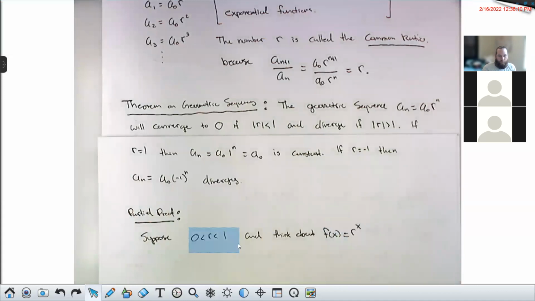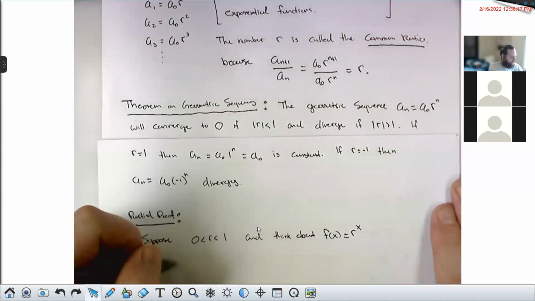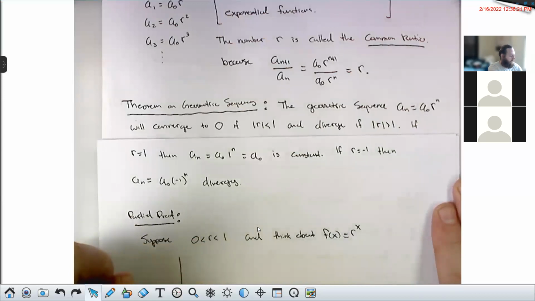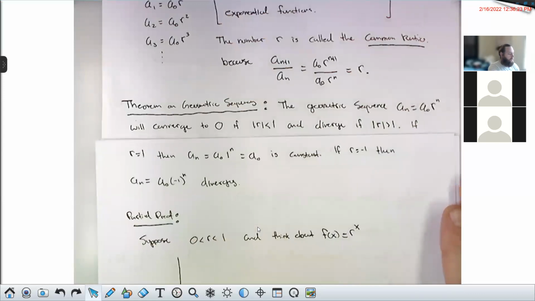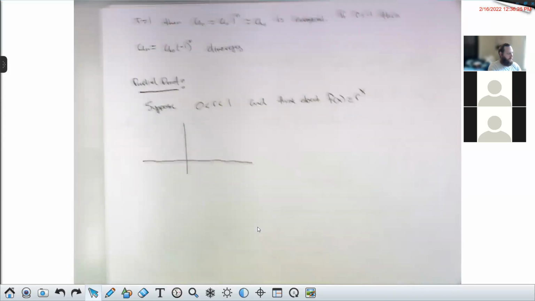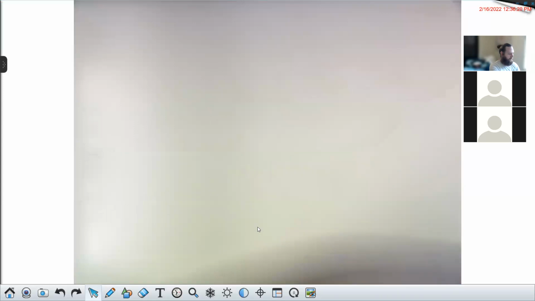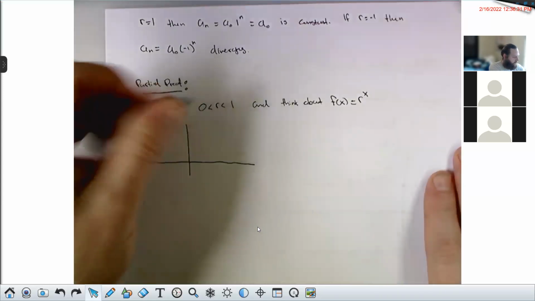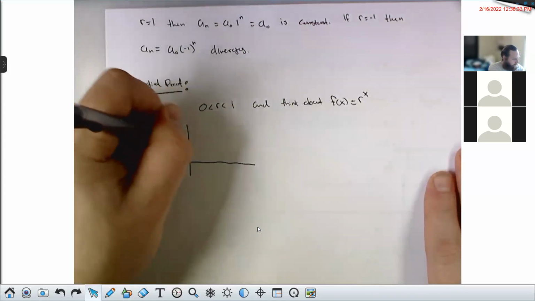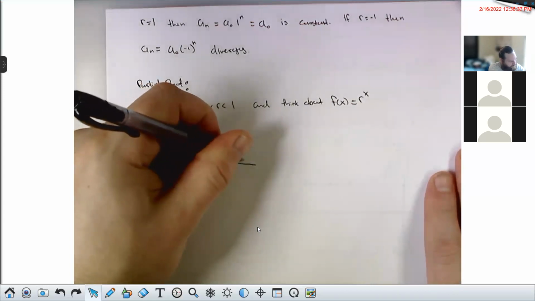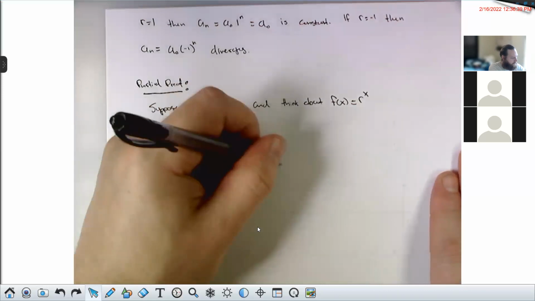And if r is between 0 and 1, then that's a decaying exponential function. Think of the graph like e to the negative x. That's the same as 1 over e to the x, or 1/2 to the x. These all have graphs that look like this.